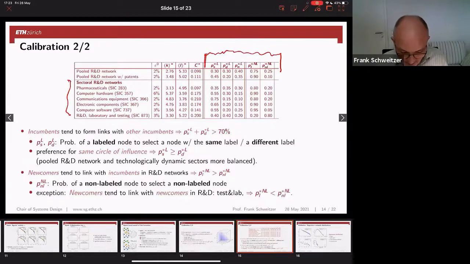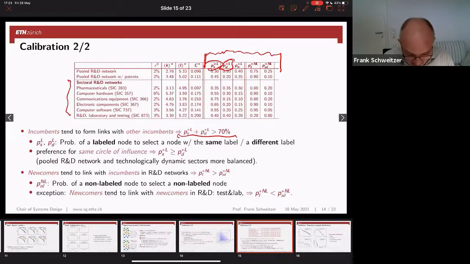For example, we can look into this number here and this number, and they together sum up to more than 70%. What's the meaning? It means if you are an established firm, then you prefer to connect to another established firm. You do not prefer to connect to a newcomer, for example. This is what we can see here.